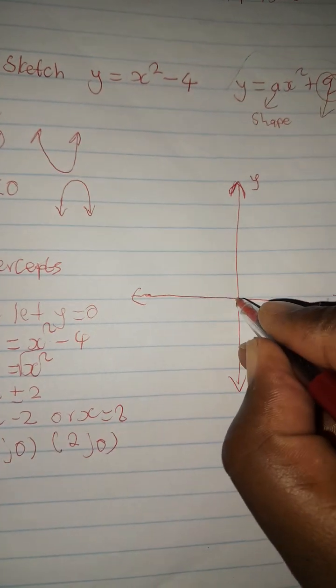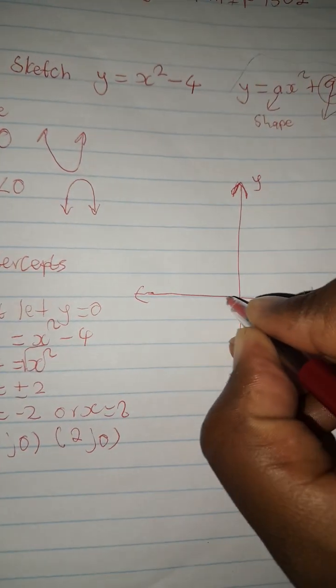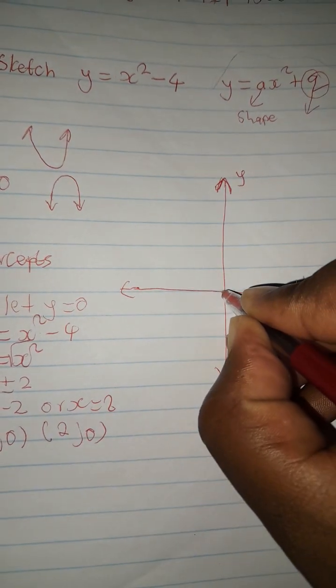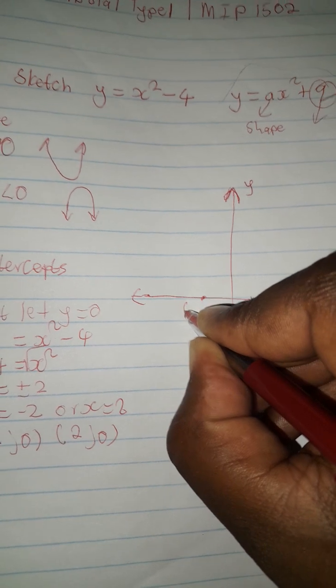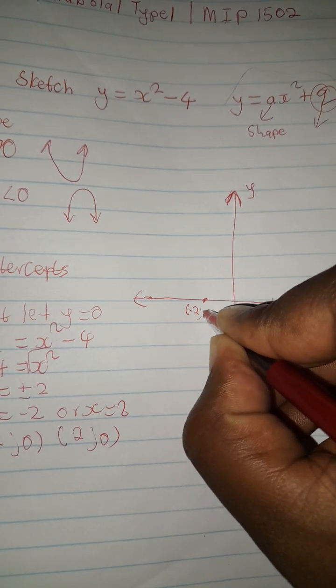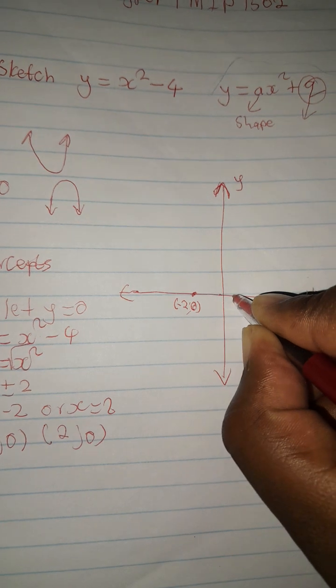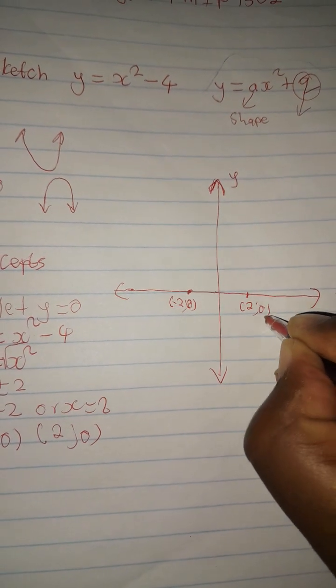We have negative 2 and 0. Negative is on the left hand side, so this is where we find the negatives. Let's count 0, 1, 2. This is where we are going to have our point, negative 2 and 0. The right hand side is positive, so it's going to be positive 2 and 0.